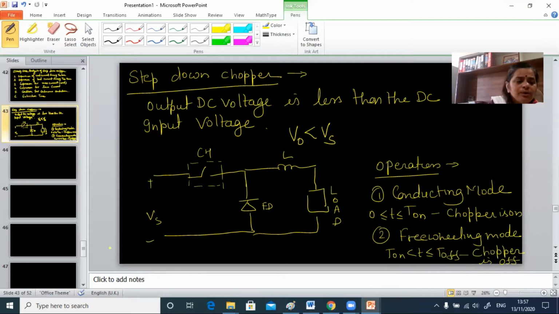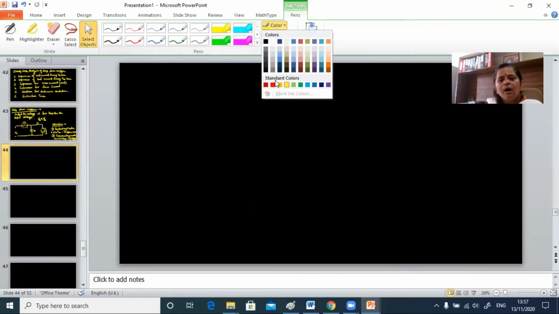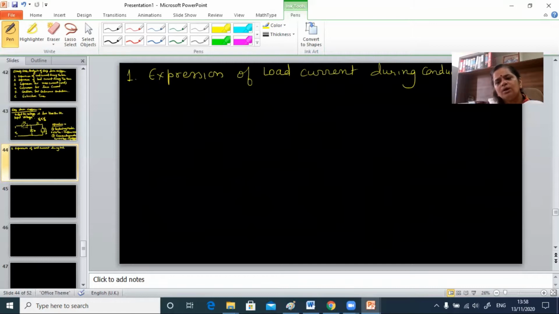So after this brief review of a step-down chopper, I am going to derive the expression of current during on time. First I am going to calculate the expression of load current during conduction mode, that is IT.